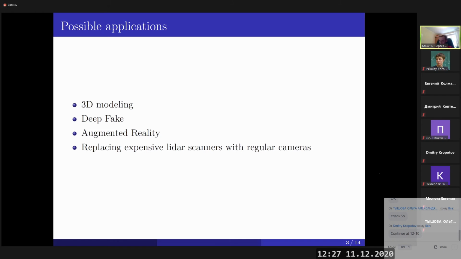Replacing expensive lidars is one of the biggest benefits that we could have from such technology.